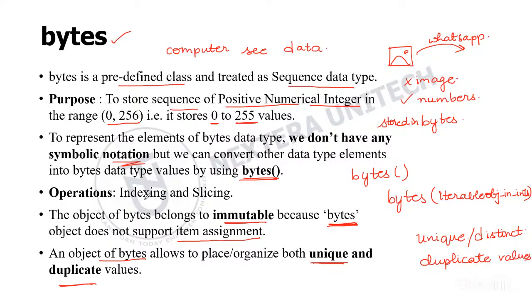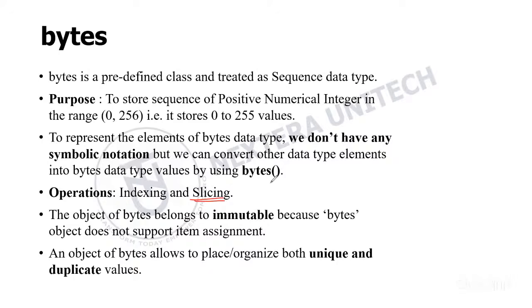And the operations you can perform on bytes are indexing, that is obtaining a single value, and slicing is also possible on your bytes data type. Slicing is nothing but obtaining a substring or a group of characters.